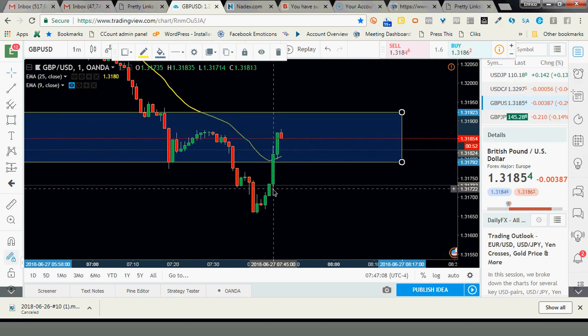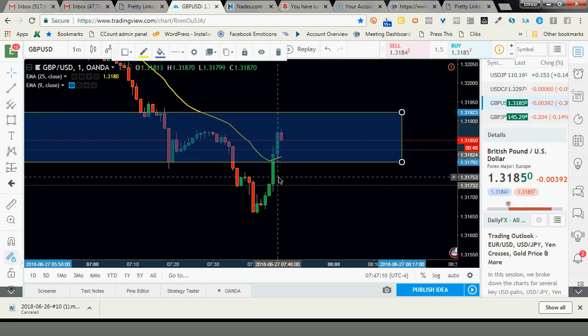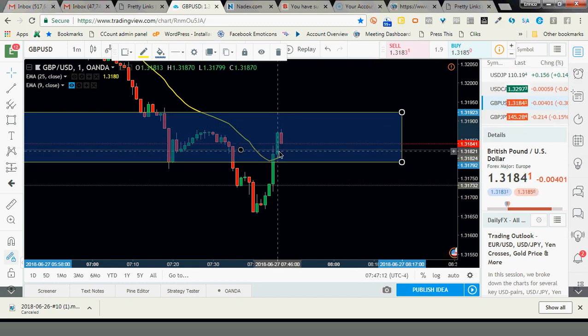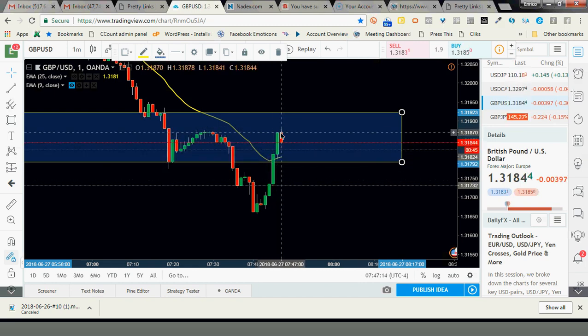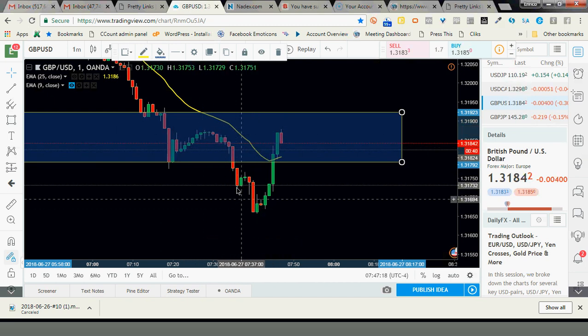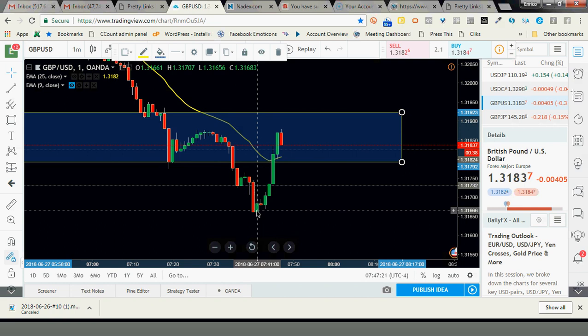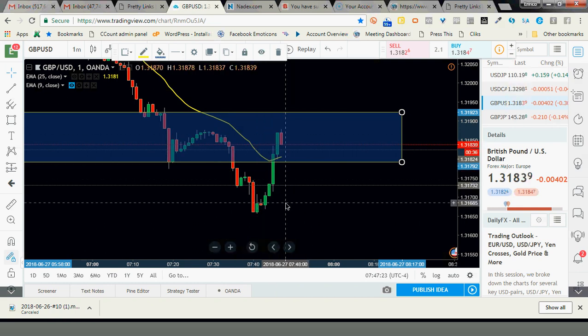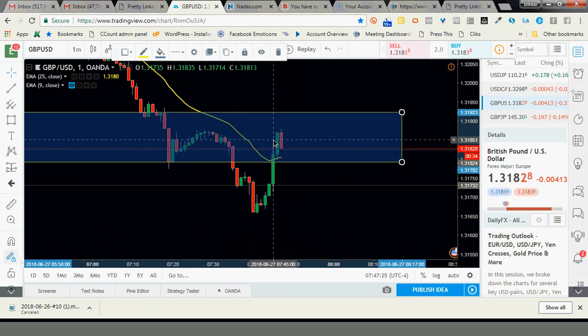It might go back in there with a rush. See how powerful that move was back inside that zone? Because that's where they want to trade at. The institutions took the price down here so they could buy it back up.